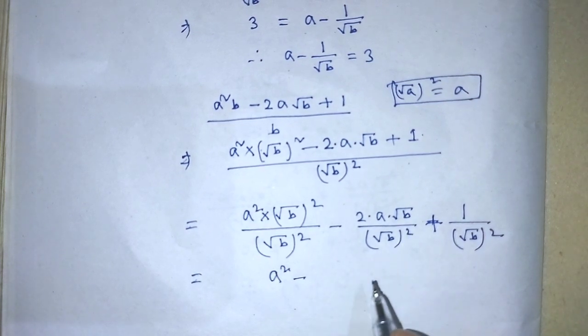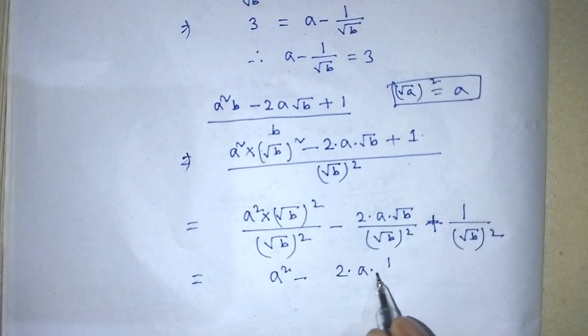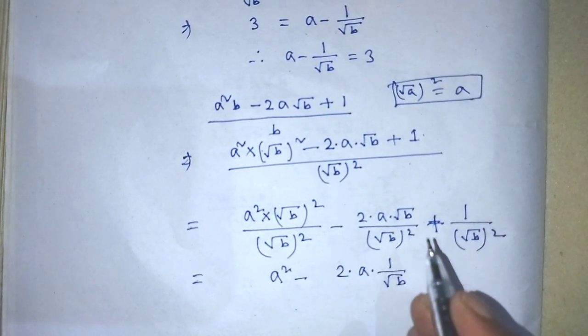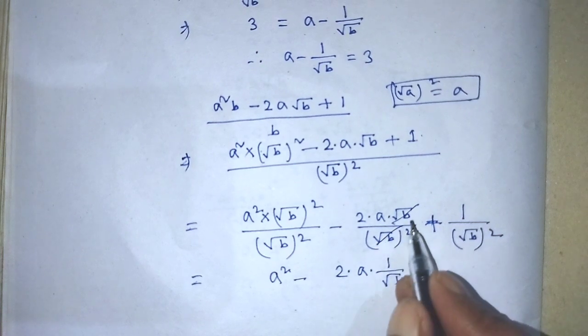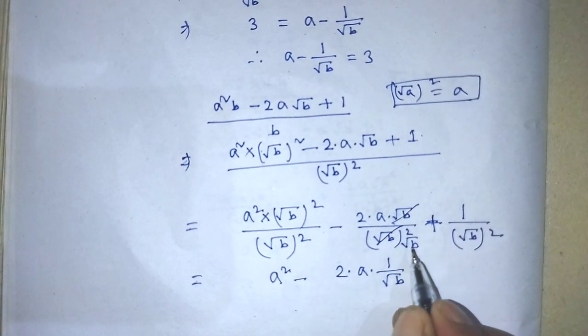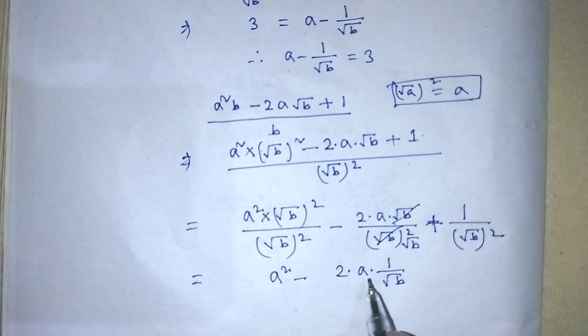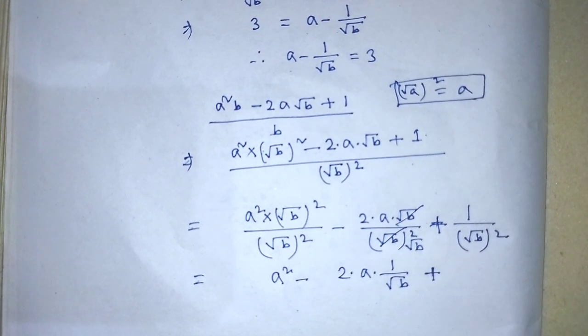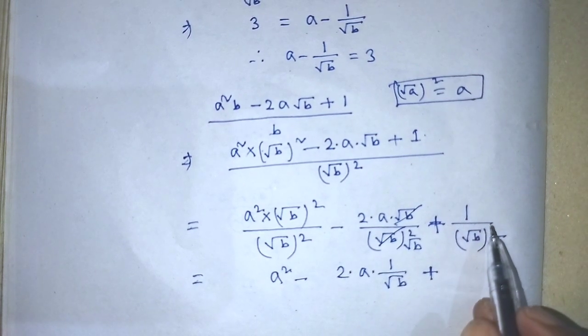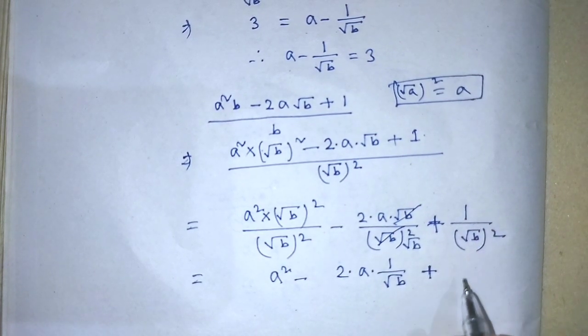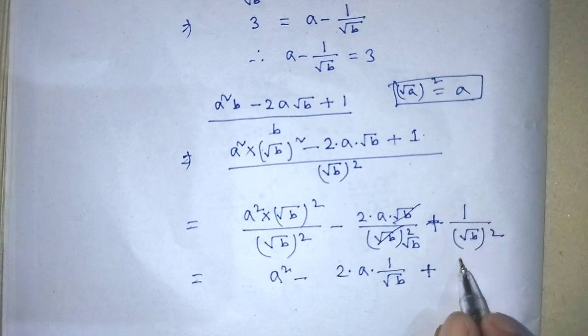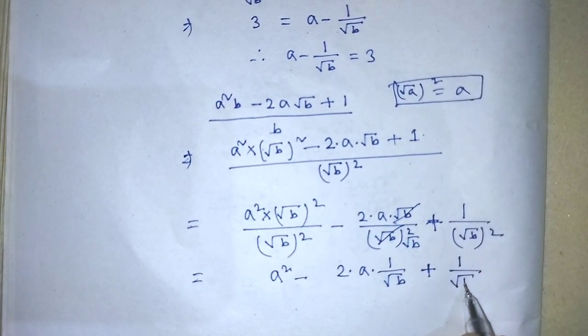So we can write 2 into a into 1 over root b. Plus, in the last term, 1 over root b whole square.